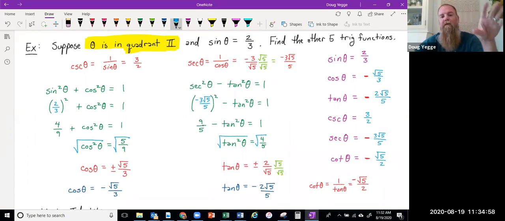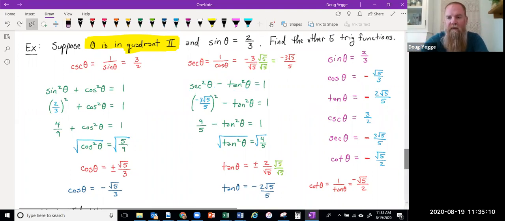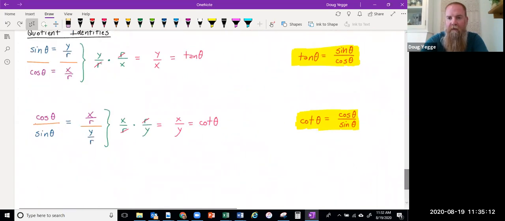But I do just want to make sure that we see that in order to find tangent of theta, we used secant of theta by using the Pythagorean identity. But now that we know these quotient identities, notice that in order to find tangent theta, all I needed to know was sine and cosine.